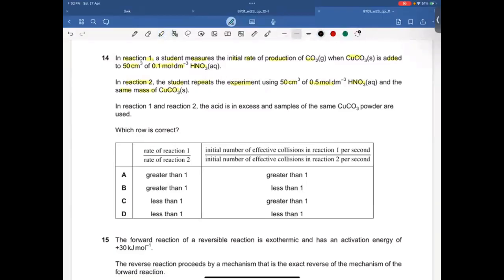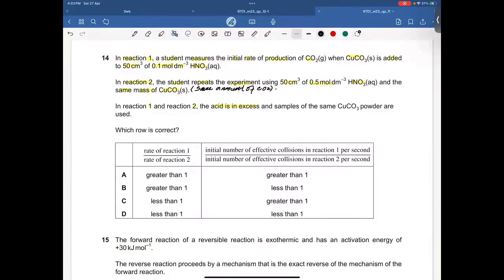If the same mass of copper carbonate is used, then it means the same amount of carbon dioxide has been produced, right? In reaction 1 and reaction 2, the acid is in excess.